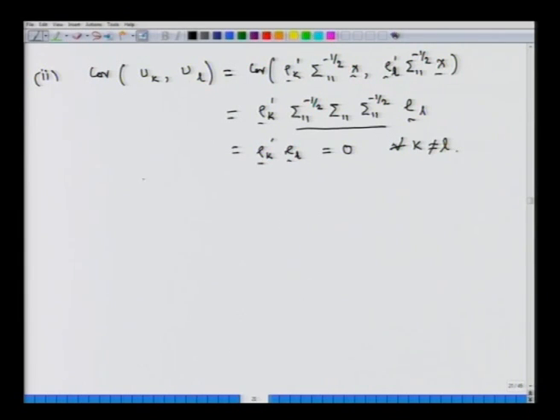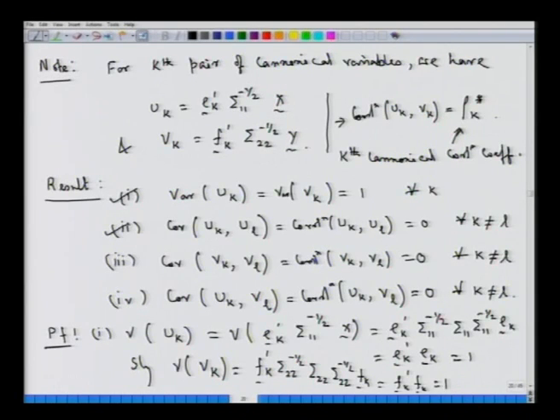Thus, the covariance between u_k and u_l will be equal to 0. Similarly, the covariance, which is equal to the correlation also, is going to be given by f_k' f_l, and that by orthogonality of f_k and f_l will be equal to 0 for every k not equal to l. So, we have proved the second part, the first part and the third part.